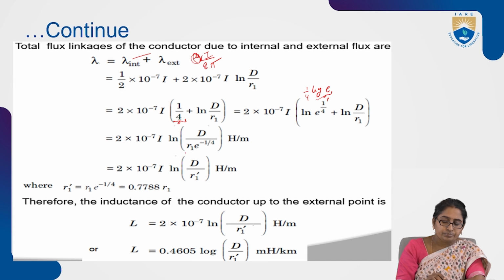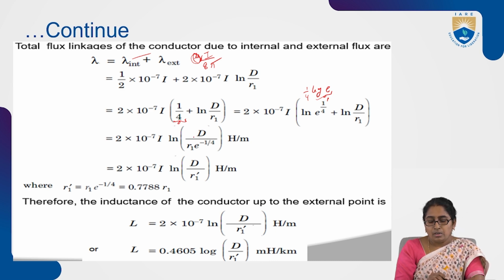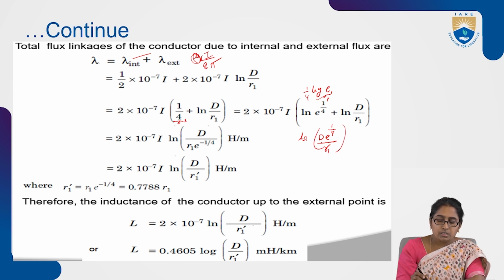So log a plus log b is log ab. So what will it become? Log of D e power 1 by 4 by r1. Now, taking this e power 1 by 4 down, it becomes D by r1 into e power minus 1 by 4.